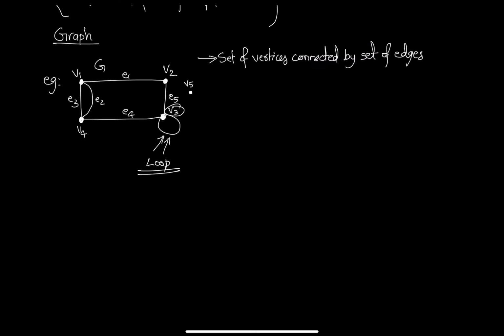It's just having one vertex, and that is V3. So this is a loop. I think everyone understood what we just mentioned. What is a loop?